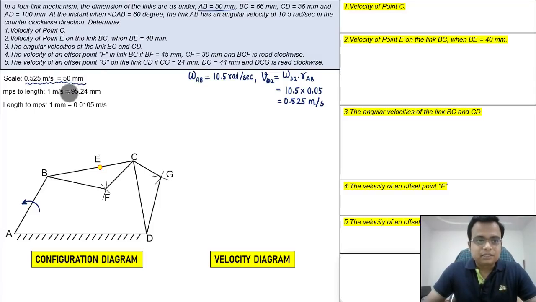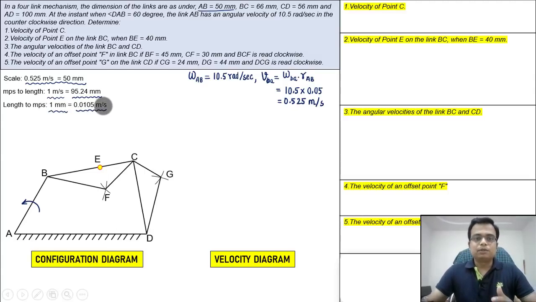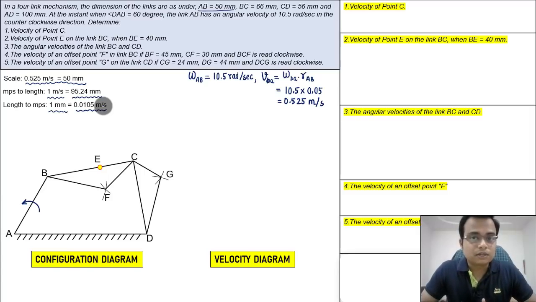If you take this over to the right-hand side, 50 divided by 0.525 gives 1 meter per second equal to 95.24 mm. And if you take the 50 to this side, 1 mm is equal to 0.0105 meters per second. You might be wondering why I am doing this conversion; it is going to be useful for us.